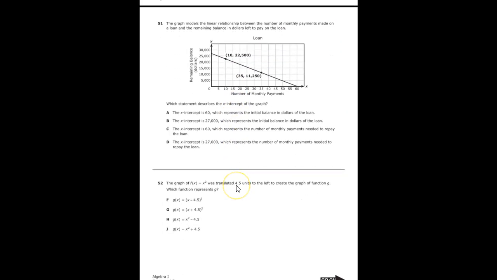Number 51. The graph models the linear relationship between the number of monthly payments made on a loan and the remaining balance in dollars left to pay on the loan. Which statement best describes the x-intercept of the graph? So your x-intercept generally is going to be the point at which there is no balance left to be paid on that loan.